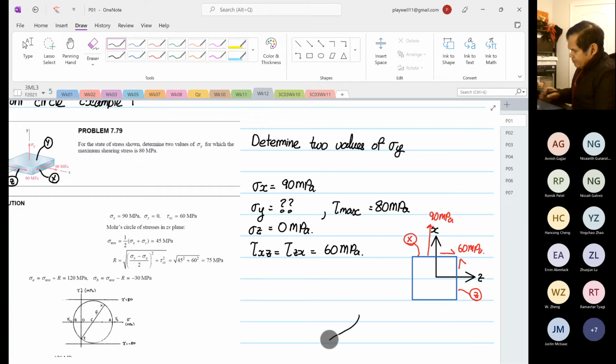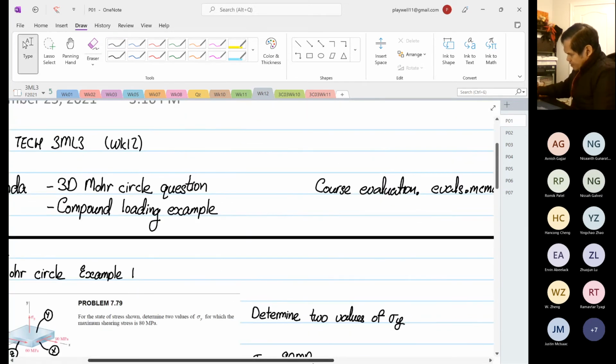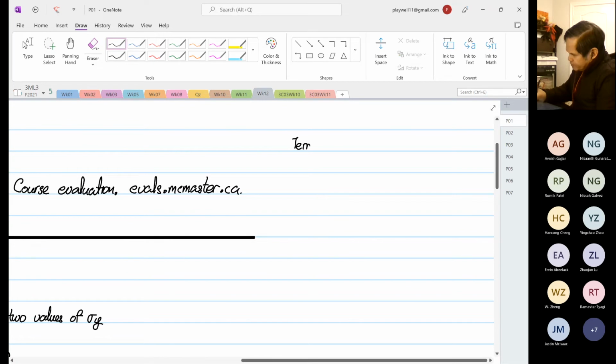Let me clarify that first before I go on. I think this was mentioned before. This is only for term test. Final exam, we can't do it. Term test only. So all of you have done your term test.